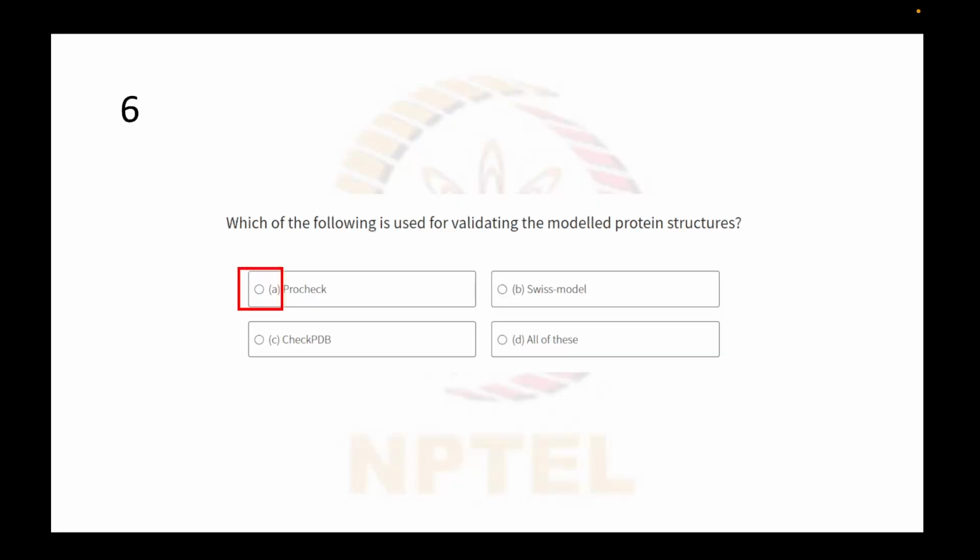ProCheck. Swiss model also refers to ProCheck, as it's an extension of ProCheck that Swiss model has. So ProCheck is the one that is used for validating protein model structures. Swiss model also uses ProCheck.